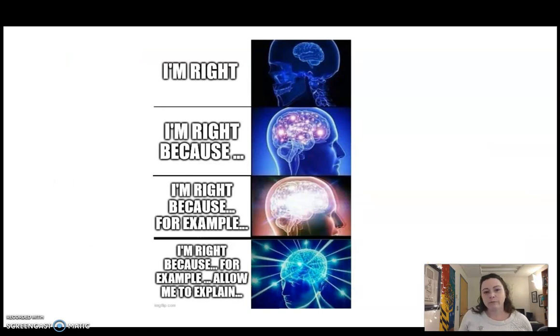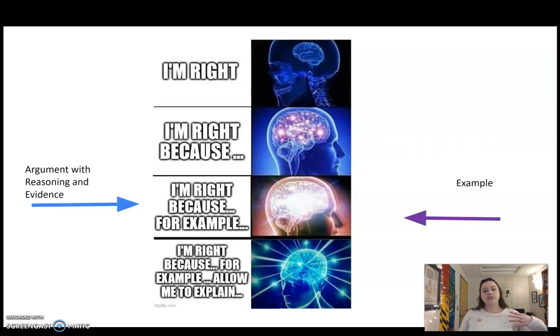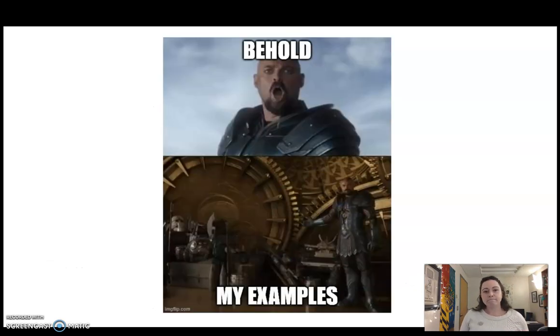This is helpful to your paper, because you're not just focusing on saying that you're right. You give reasoning. That's usually indicated in your exposition. You give evidence in your examples to show that you're right, to prove yourself. And explanation helps to explain that chain of reasoning.